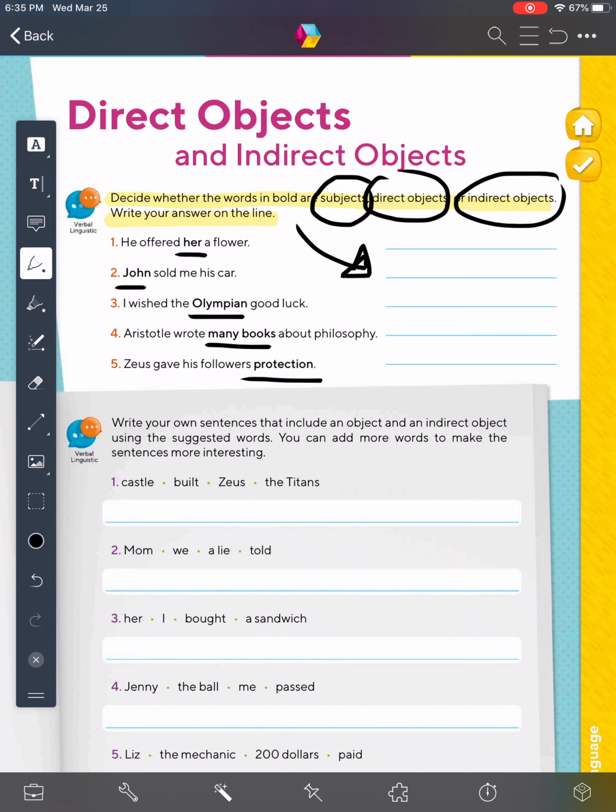So let me give you another example just to verify. I can write the following sentence: I write you a letter. Okay?